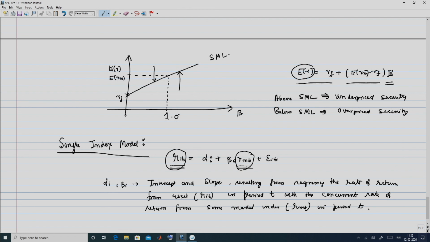So, what I will do is treat my RIT to be some random variable y, and RMT to be some random variable x, and I want to find a linear relation between them.